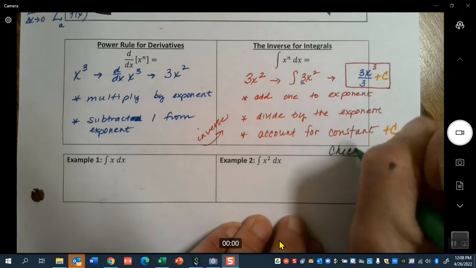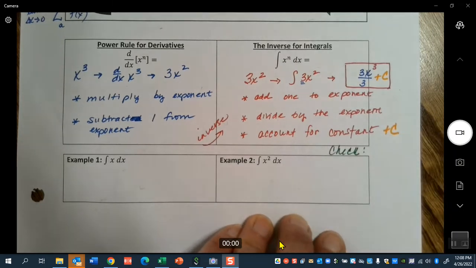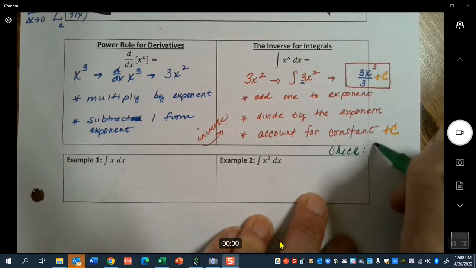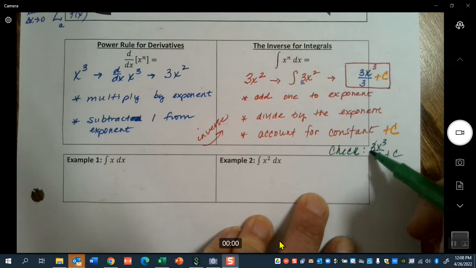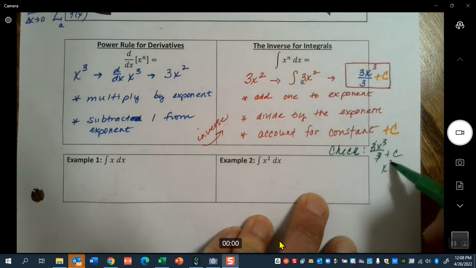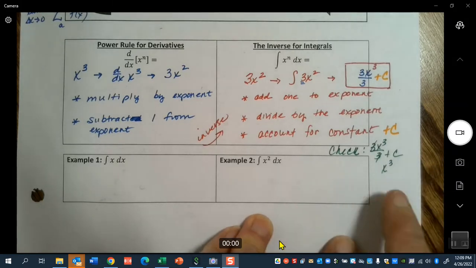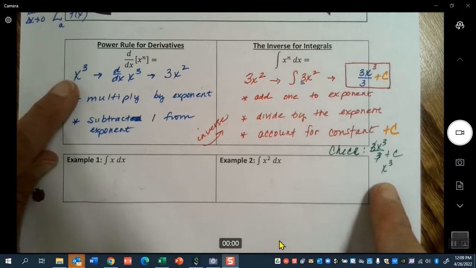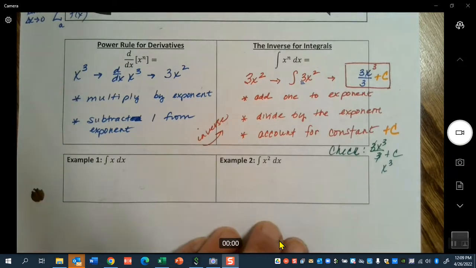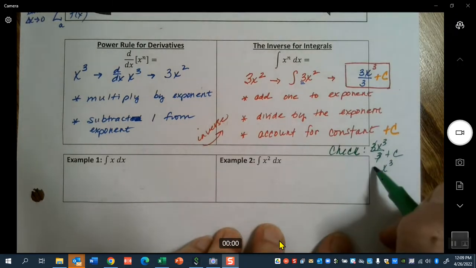By the way, let's have a chat about what we can use as a check. Do you remember in Algebra 1 where we made you check all of your equations and your solutions? So if I say this was my original function, you and I both know that is where I started over here, but I'm going to check my integration by doing the opposite, which is finding the derivative.